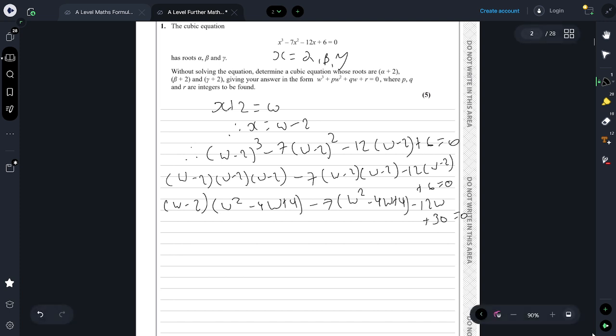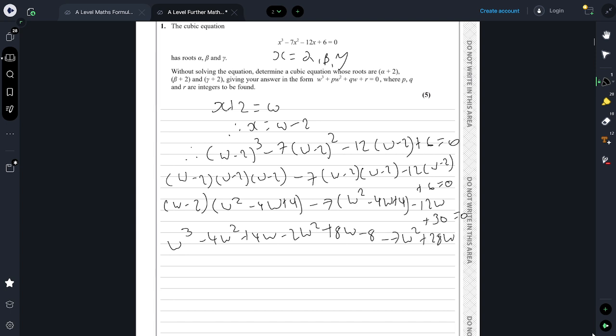Then we expand this again, so you get w cubed minus 4w squared plus 4w, minus 2w squared plus 8w minus 8. And then we expand this, so we're left with minus 7w squared plus 28w minus 28. Minus 12w plus 30 equals 0.